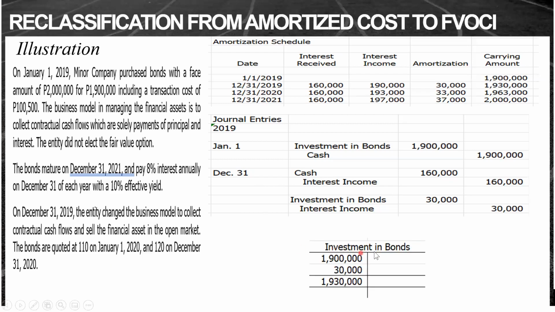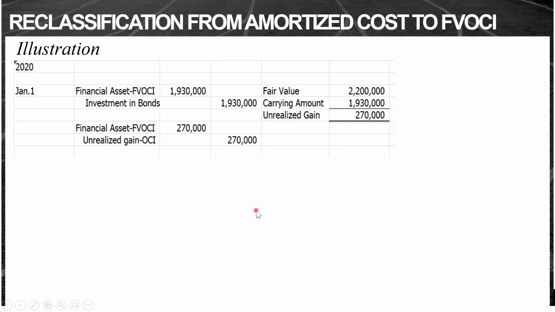Ito yung magiging itsura ng ating investment in bonds. So we have ending balance or carrying amount as of December 31, 2019 of 1,930,000. So pagka next year, again, this is now the reclassification date. So on January 1, sabi di ba, dapat i-reclassify lang natin yung ating financial assets.